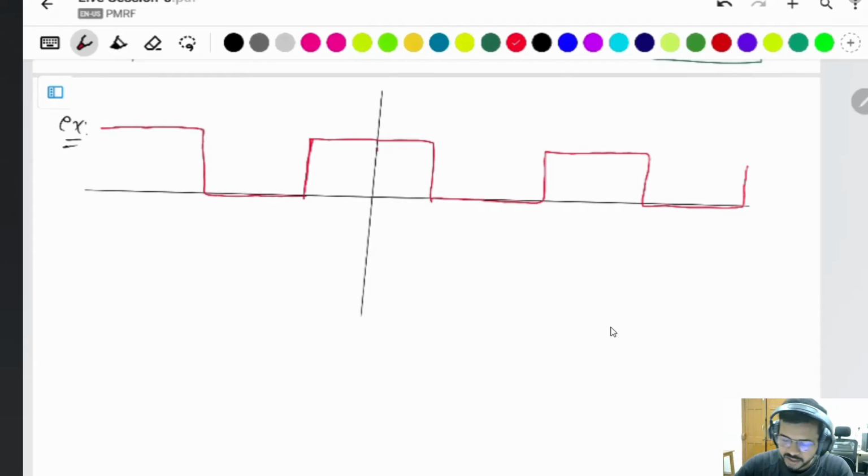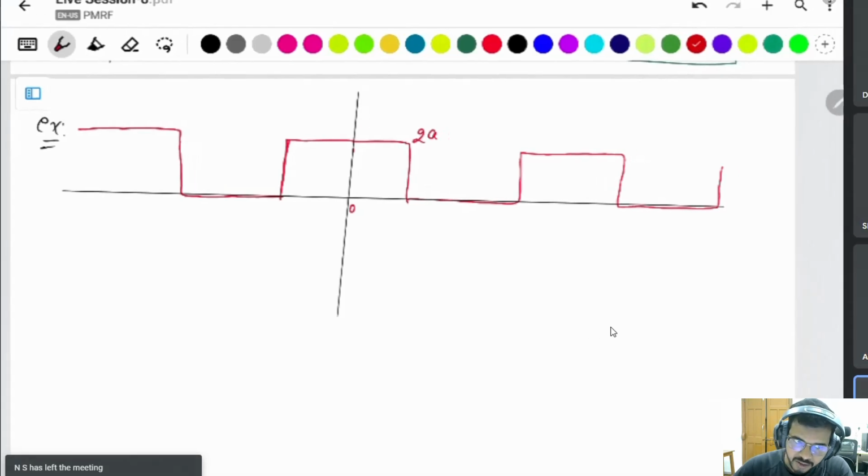Suppose the signal is there, with peak value 2A. And what is the time period of this signal? This signal has a time period starting here to here. Okay, this is the time period.